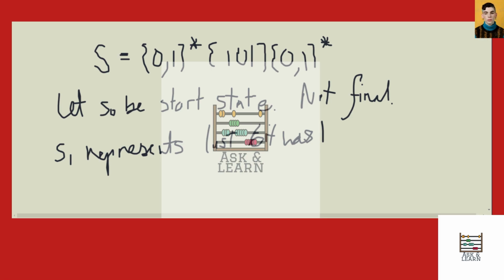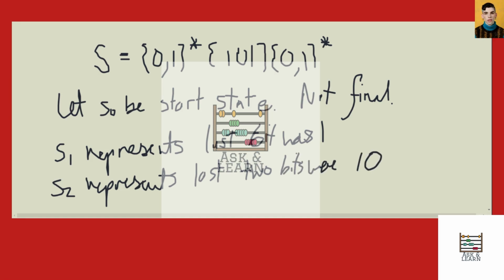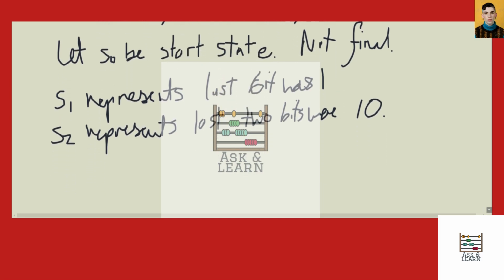S2 will represent the last 2 digits were 1, 0. S3 represents that the string contained 1, 0, 1.